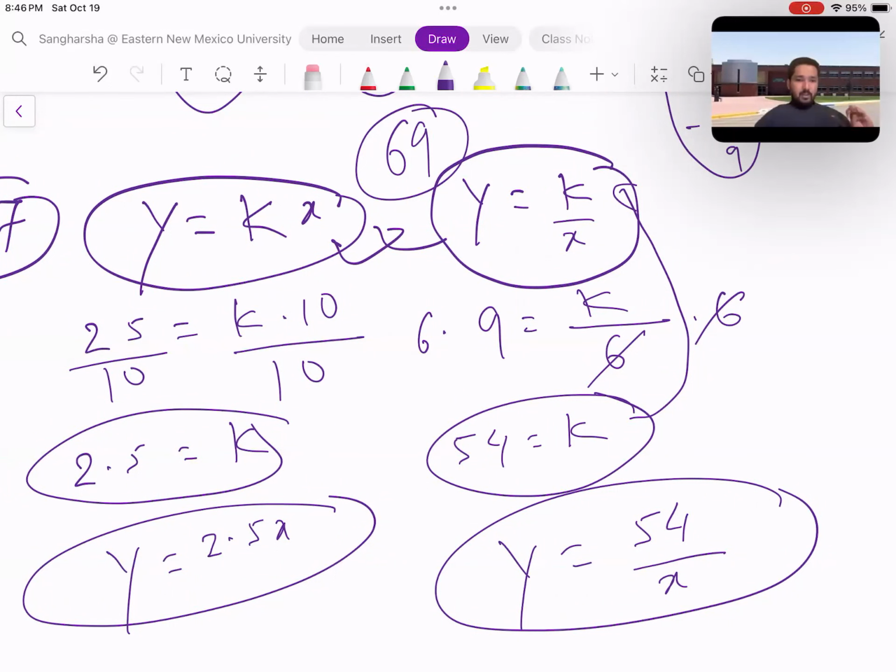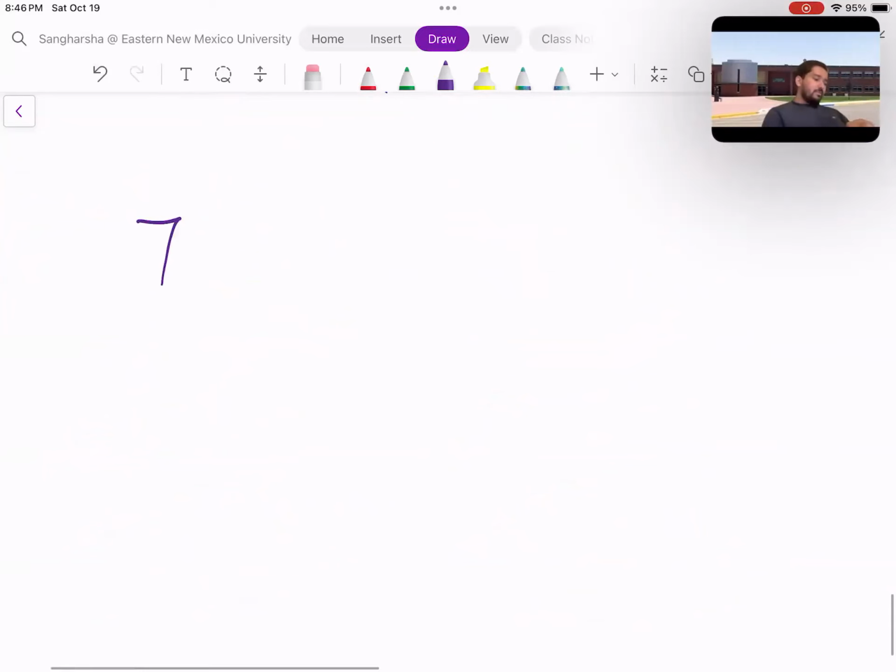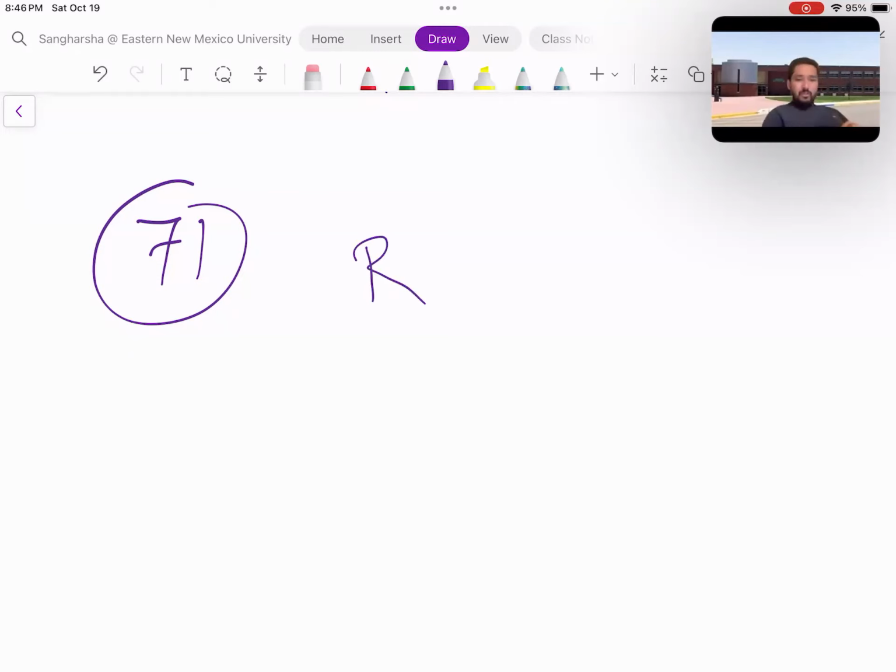Now let's go to 71, 72, 73. In 71, if the revenue of a wallet manufacturer varies directly with the quantity of wallets, let's call R the revenue for the wallet, and it varies directly with the quantity of wallets.